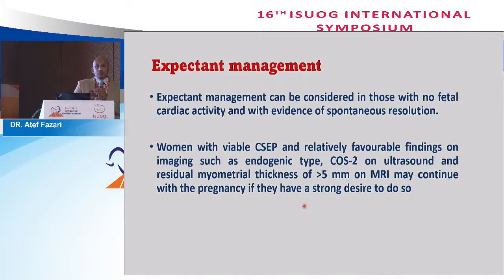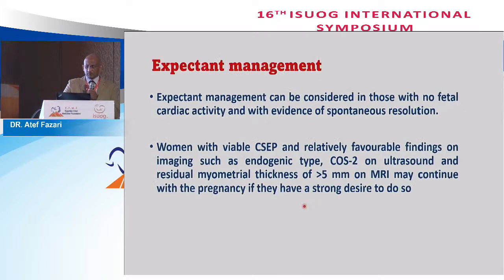So expectant management is still chosen by some people. The problem with expectant management, as I mentioned, is severe bleeding, rupture at any time, and risk of hysterectomy along with severe invasion of the placenta.